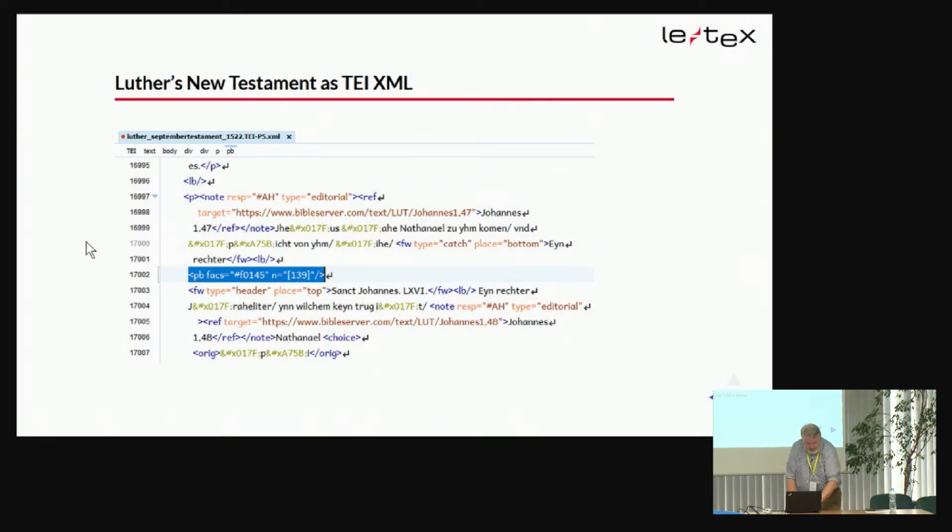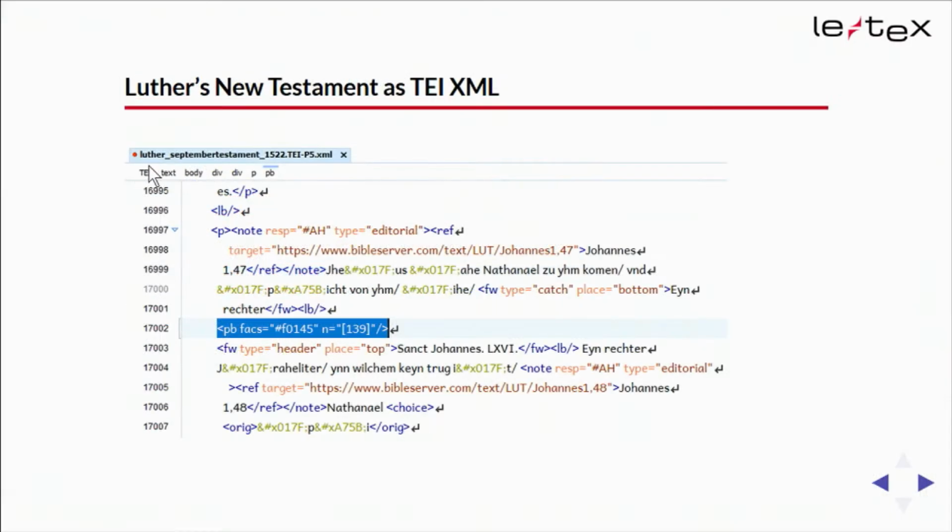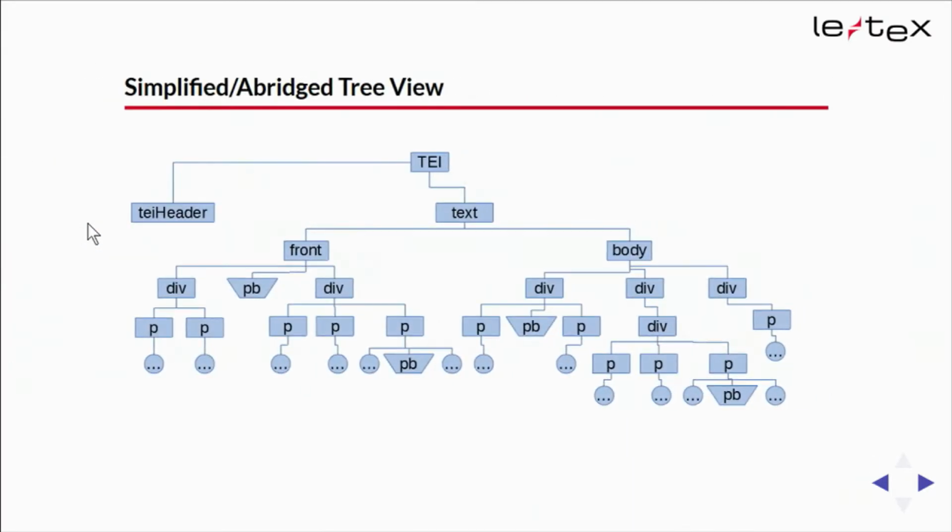If we look here, I hope it's legible, we are in the text below TEI, body, div, another div, a paragraph, and then the page break. So it's quite deep in the document.